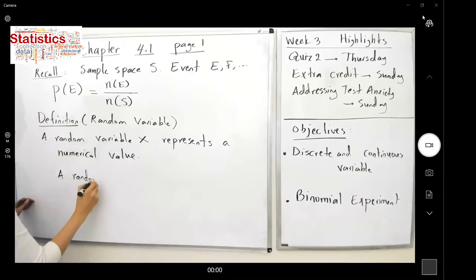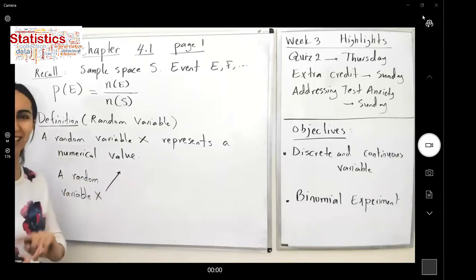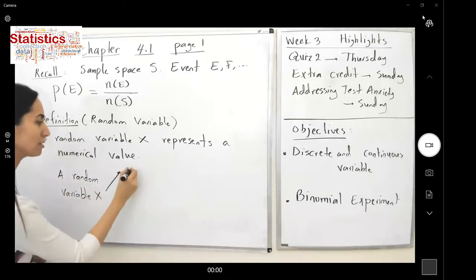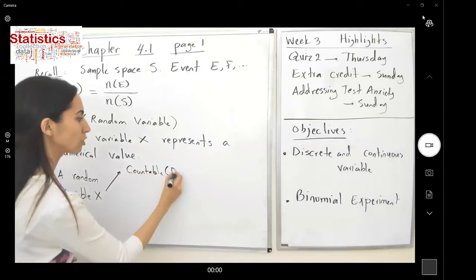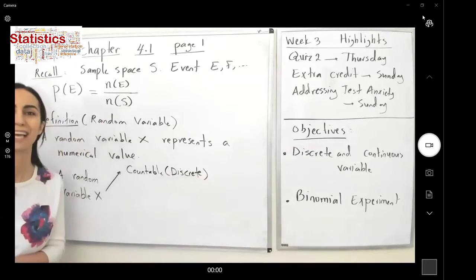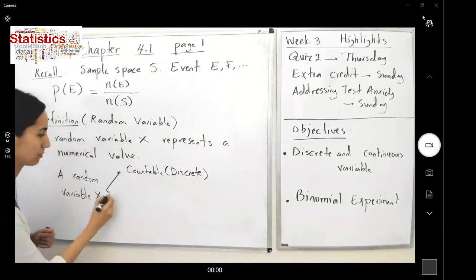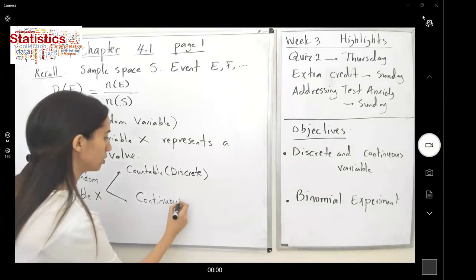So a random variable like x, it can be either countable, we can count it, or discrete, or it can be uncountable or continuous.